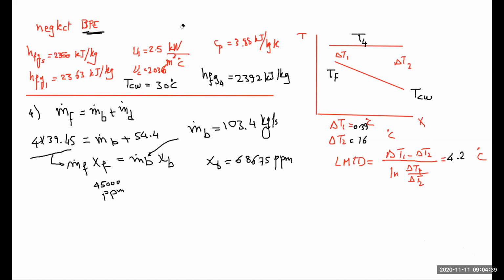Or the defining relation of the entrainment ratio is m dot motive over m dot entrained vapor, and both of them are given in the statement of the problem. So from here we can calculate the entrainment ratio, which is needed. The problem can be extended actually to ask for many more things, but this is basically what was asked in this problem.